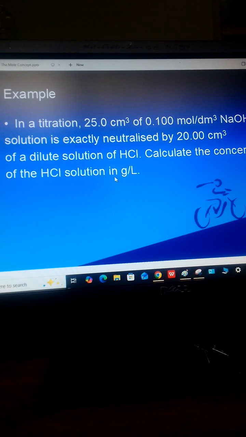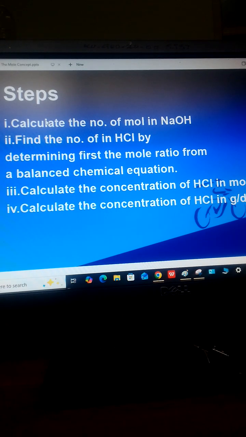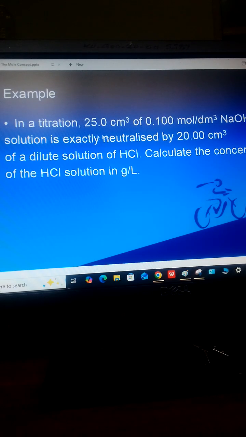To solve this problem, we go through the following steps. The first step, we shall need to calculate the number of moles in sodium hydroxide, because we have the volume of sodium hydroxide and the molarity. So we can get the number of moles of sodium hydroxide.